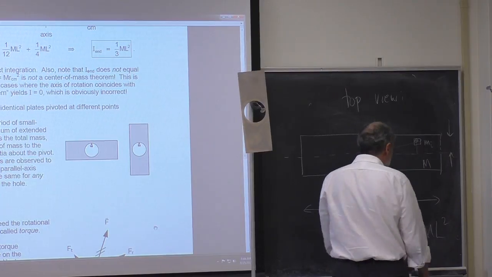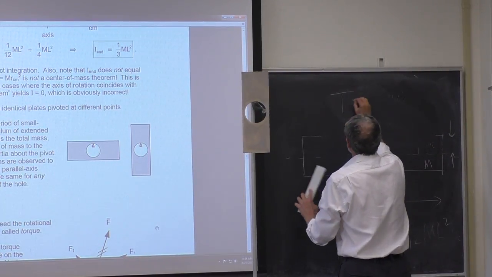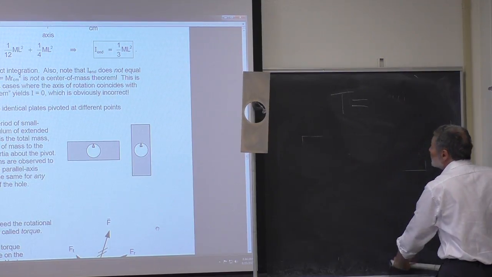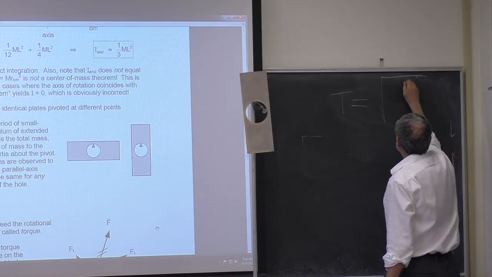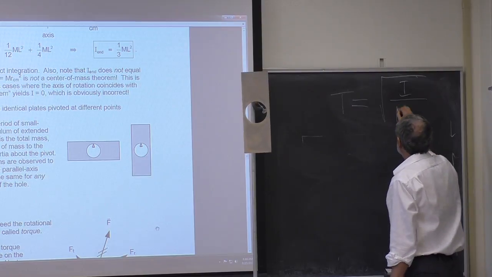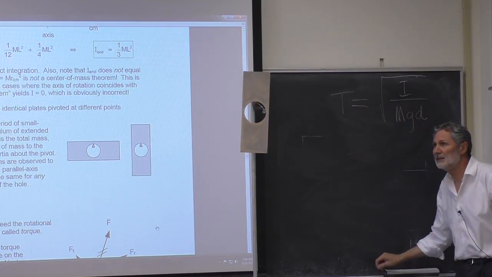What we don't have time to derive is the fact that the period is given by, it's in the notes, the square root of the moment of inertia divided by the total mass times g times the distance to the center of mass.